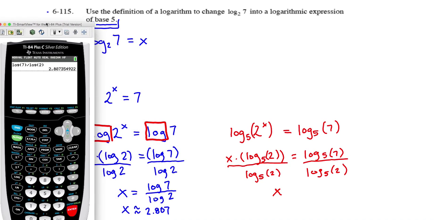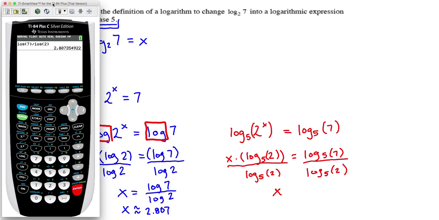And let's get out our calculator here and just check it. The nice thing about these new calculators is you can change the base. And we'll be talking about how to change the bases coming up. But right now, since you don't know how to do that, we'll just use the shortcut here. We'll say alpha window, and let's go to the change of base here, number 5. So let's look at that.